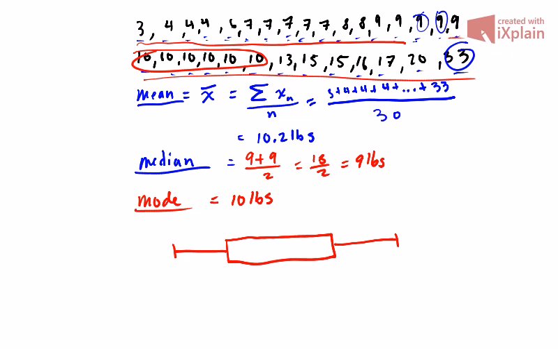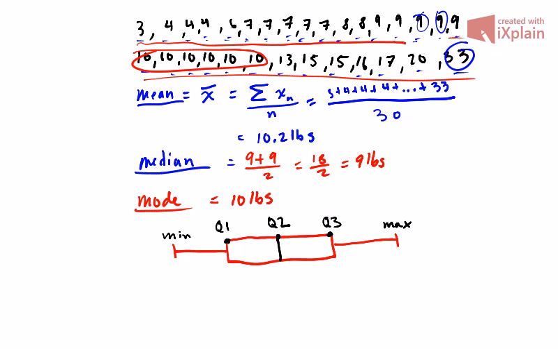Part of the components are given right here. This is Q2, this is Q1, and this is Q3, where this is the minimum of the data set and this is the max.